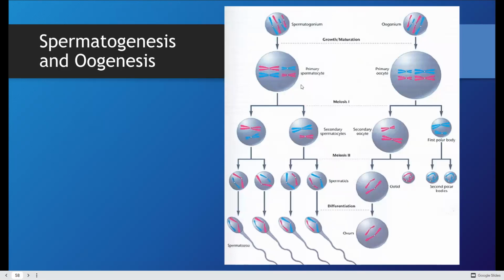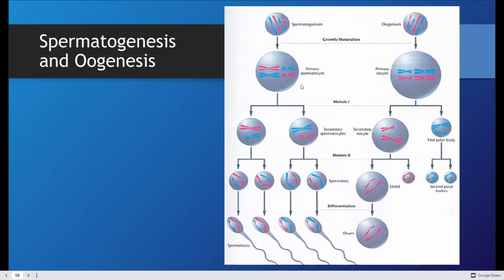Spermatogenesis and oogenesis, the one that I was telling you a while ago. Spermatogenesis is the formation again of sperms, and oogenesis is the formation of egg. Spermatogenesis starts from the spermatogonium, the parent cell of sperms, before they undergo meiosis 1 and meiosis 2.